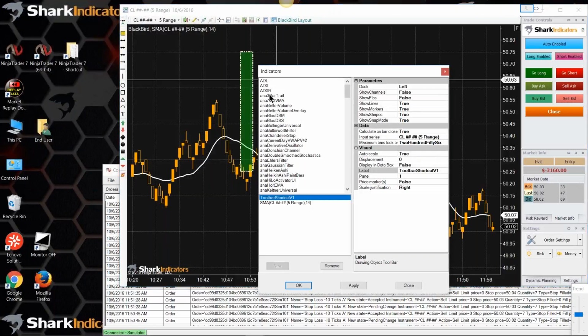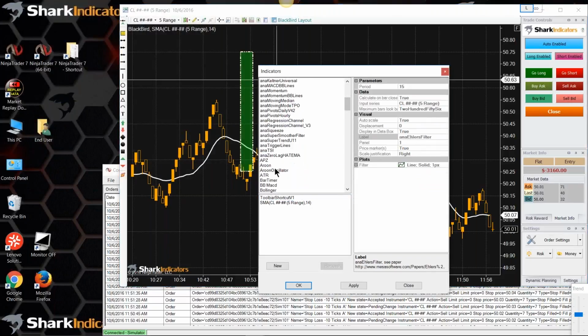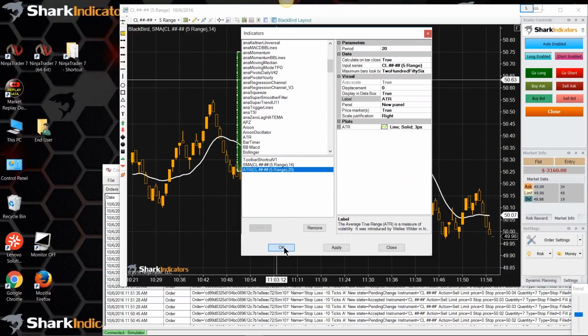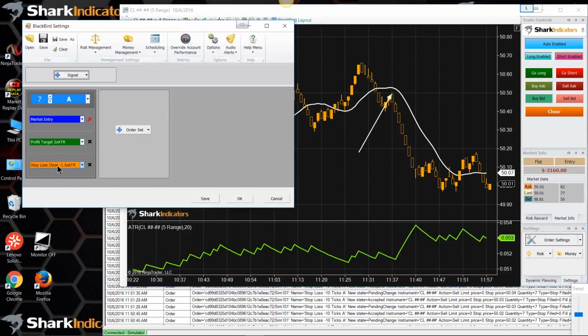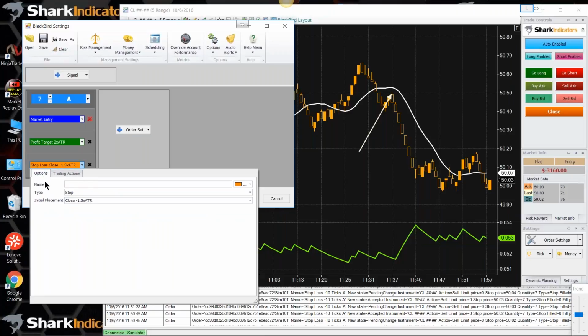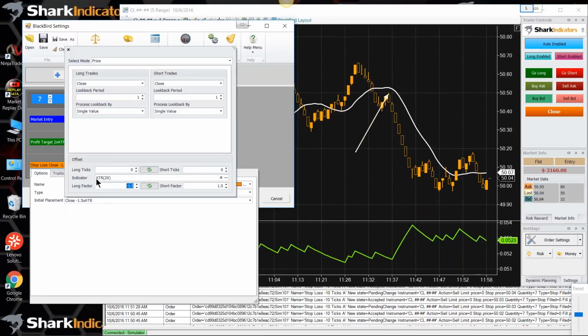So let's say we're using this ATR here like so. So simply just put the ATR on your chart, like so. Let's see, 20 period. Yep. One thing you'll want to note is, take a look at the period. So in BlackBird, we're using an ATR with a 20 period, right? So you can adjust your ATR period to whatever you want.